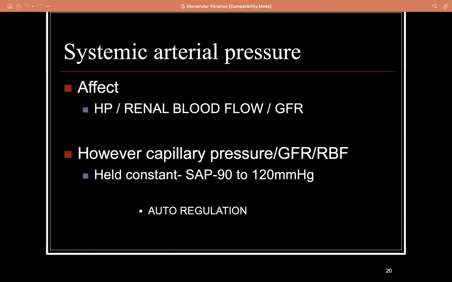Suppose your systemic blood pressure is 250. You might find that now you are producing 400 mils of urine per minute. And if you're producing excess urine per minute, what would that mean for you practically? Is it detrimental or is it beneficial?